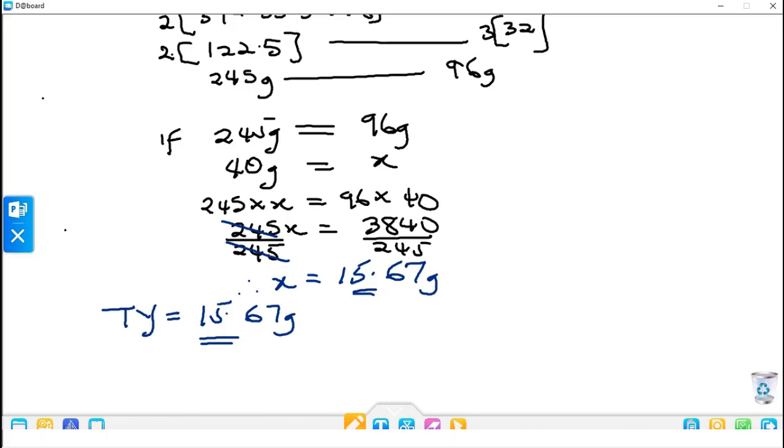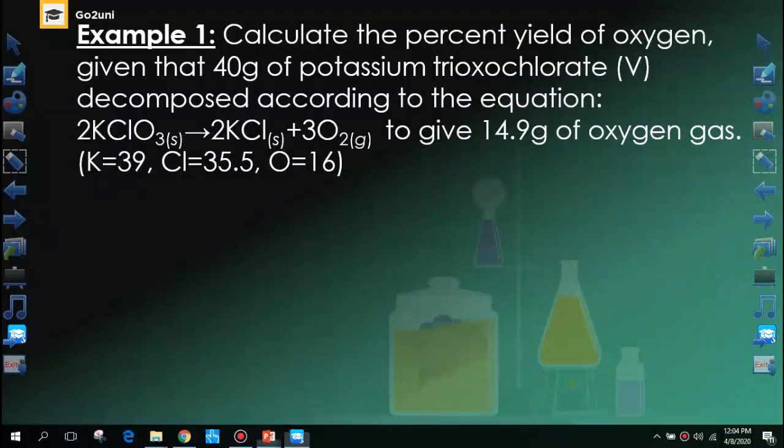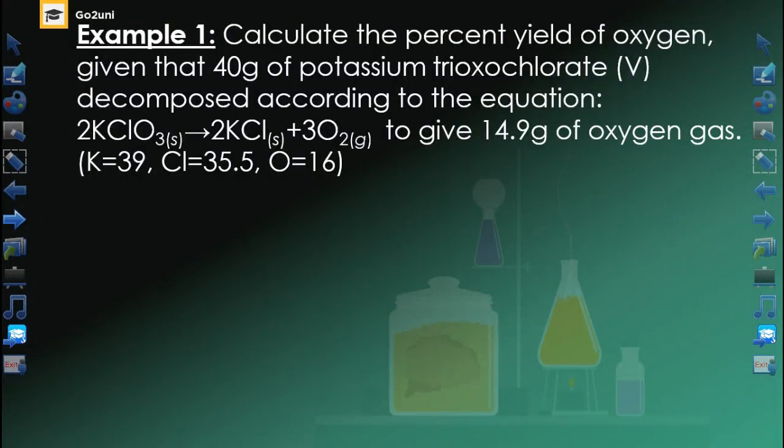Now, if 40 grams of potassium chlorate were to be provided, what mass of oxygen will it give? From our calculation, it will give us 15.67 grams of oxygen. But from the calculation done in the lab, it gave them 14.9 grams. So we have a difference of maybe 1 point or thereabout. So this gives us the difference between theoretical yield and actual yield.